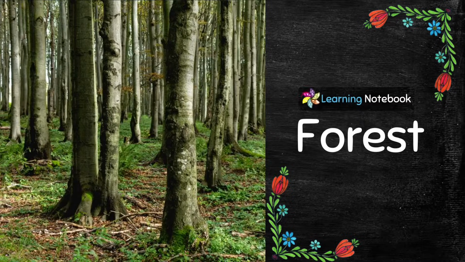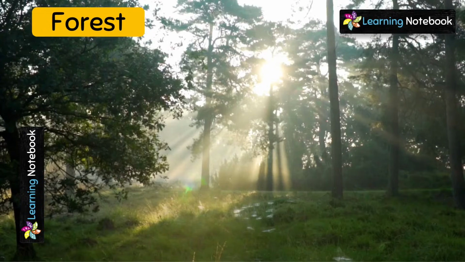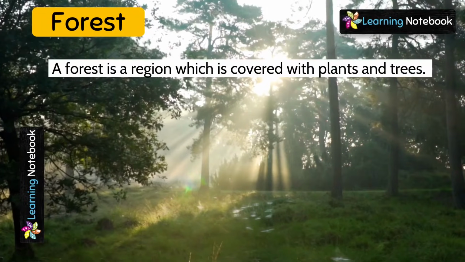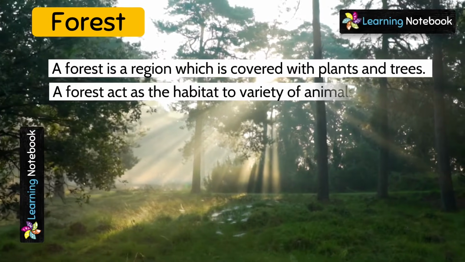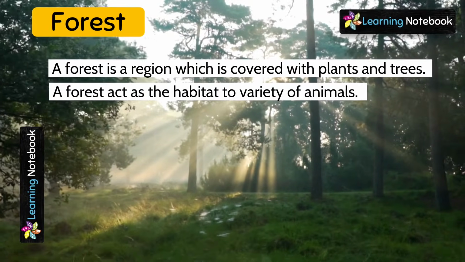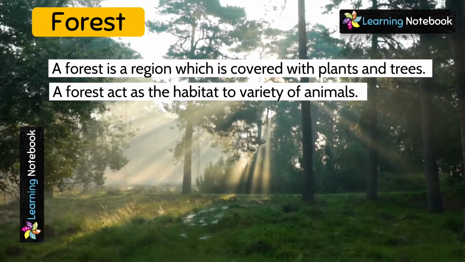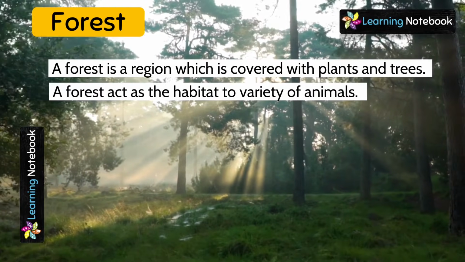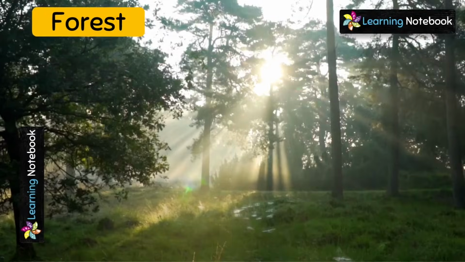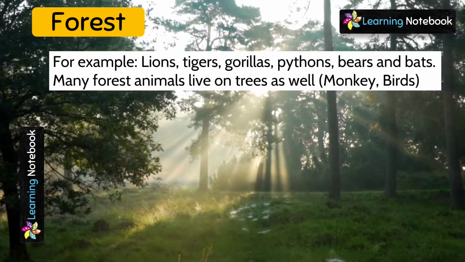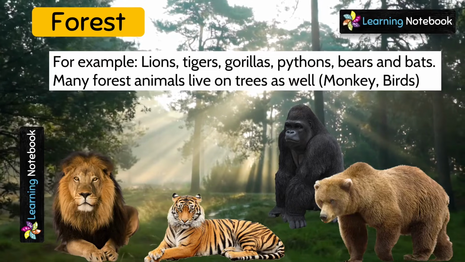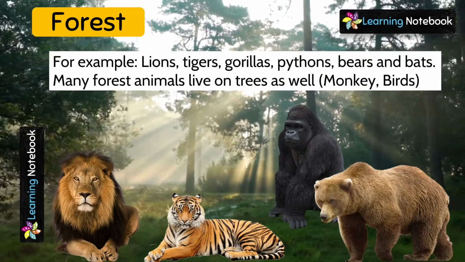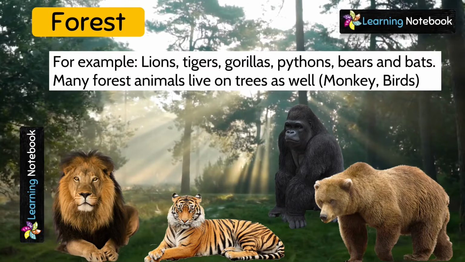First type of habitat is forest. A forest is a region which is covered with plants and trees. And a forest acts as the habitat to a variety of animals. For example, lions, tigers, gorillas, pythons, bears, bats, all of them live in forest.